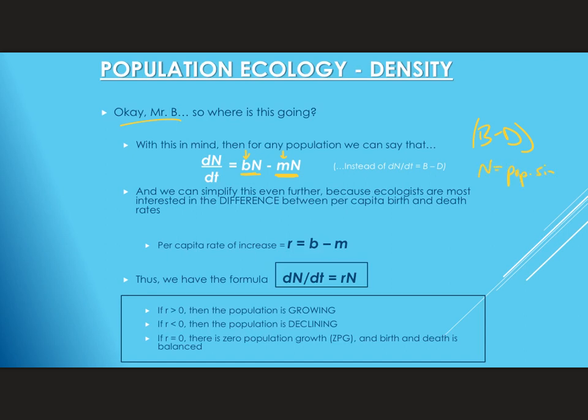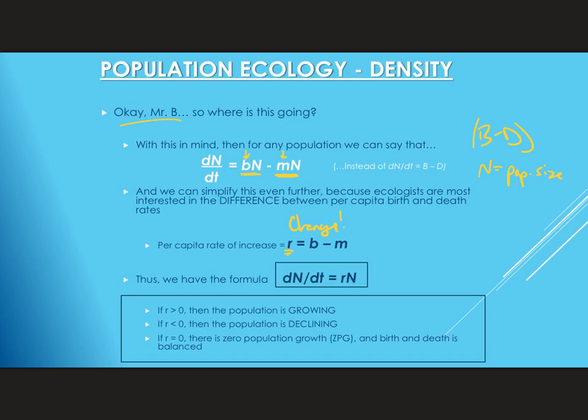Where N is population size. Now, we can go even simpler because a lot of times somebody who is studying these sort of things doesn't really care what the actual per capita birth number and the actual per capita death number is. What we're interested in is the change in those things.